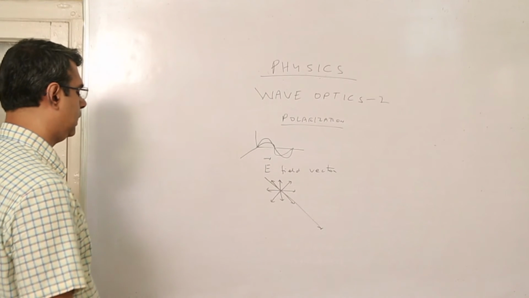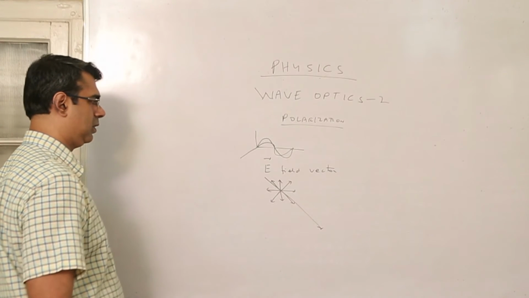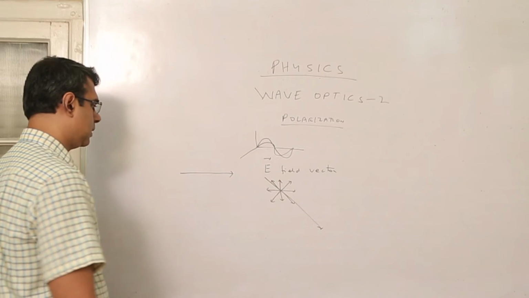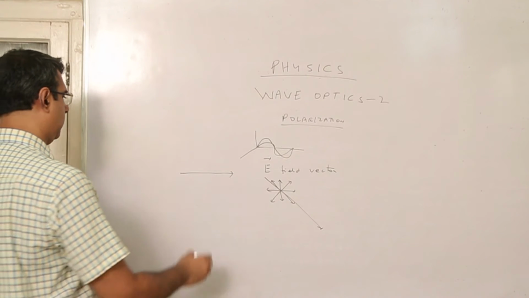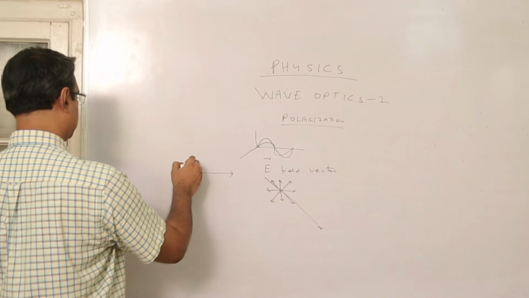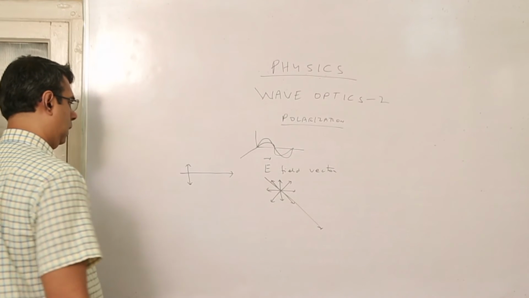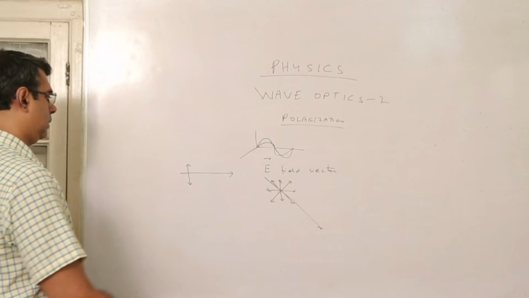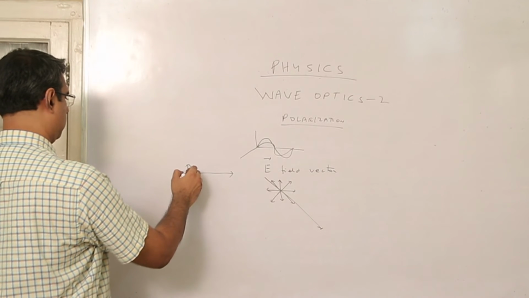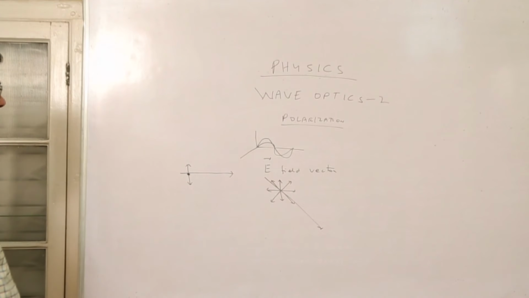Now, it is very cumbersome to consider so many possible directions of the electric field vector. So for our convenience, if this is the direction of propagation, we will resolve all electric field vectors into two directions: one perpendicular to the direction of propagation in this manner, on the plane of the board, and the other, this dot, perpendicular to the plane of the board.